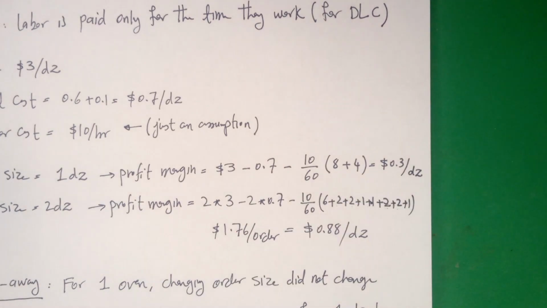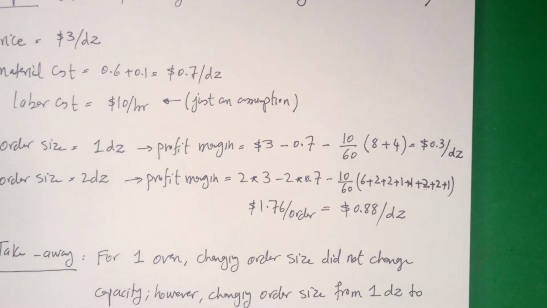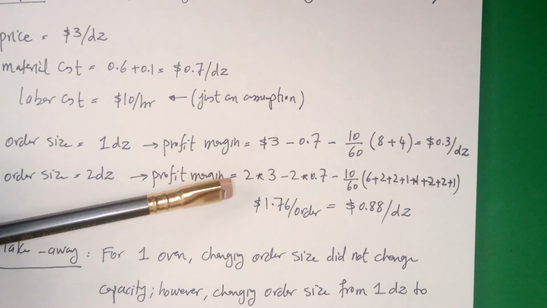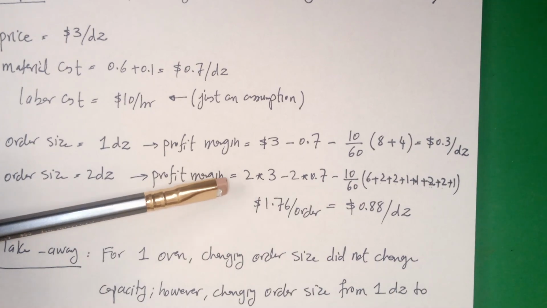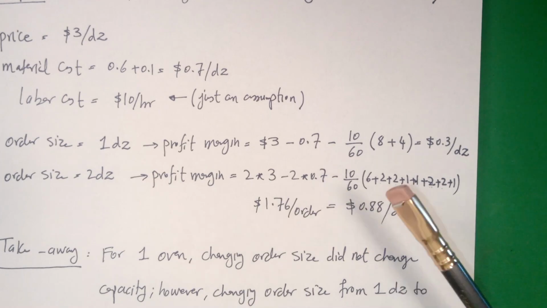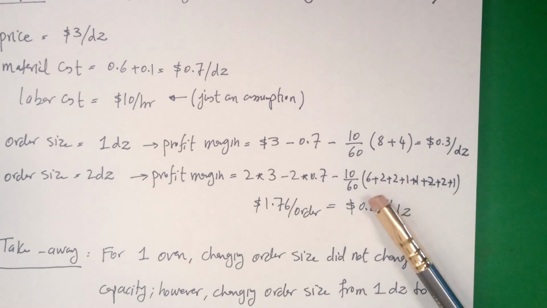How about when order size is equal to 2 dozens? Margin is going to be equal to, well, I'm selling 2 dozens. I'm going to collect $6 of revenue minus material cost, which doubles, and minus the direct labor content of 2 dozen.